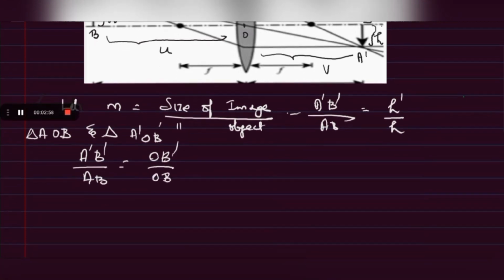So the magnification is the height of the image A dash B dash by the height of the object AB, which is nothing but OB dash by OB.